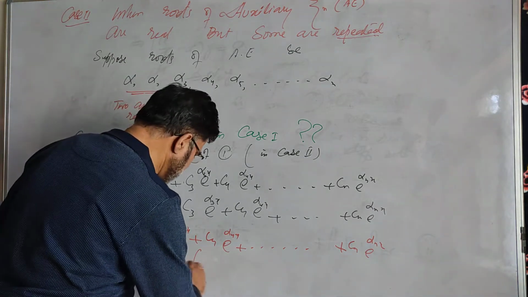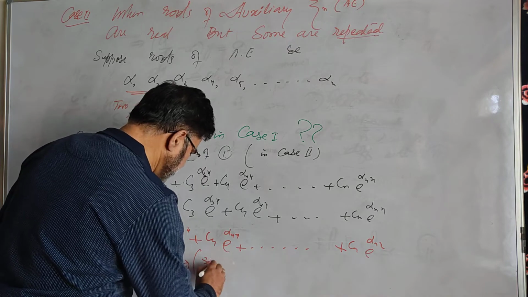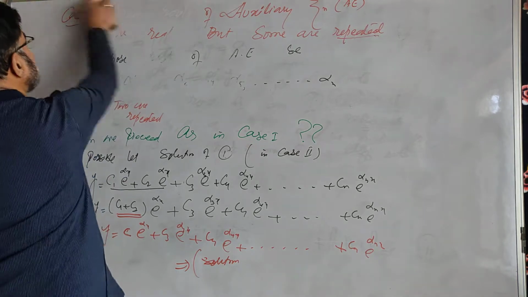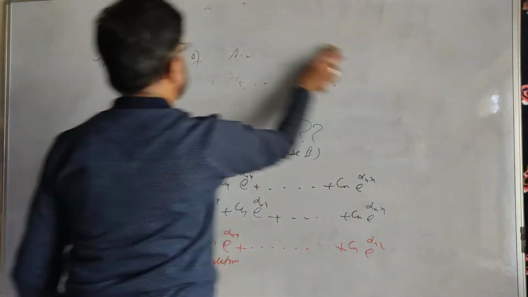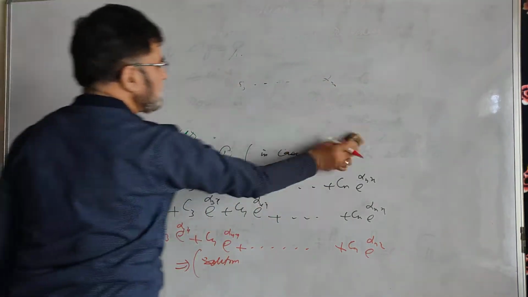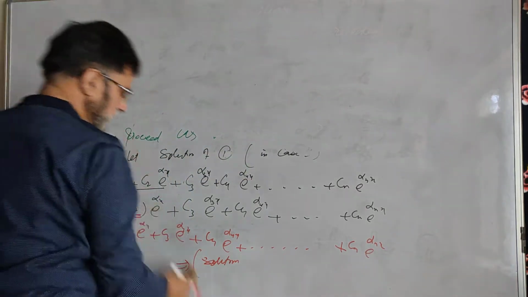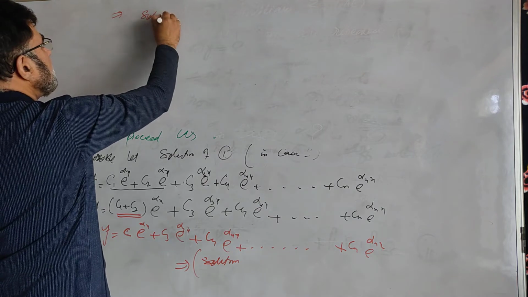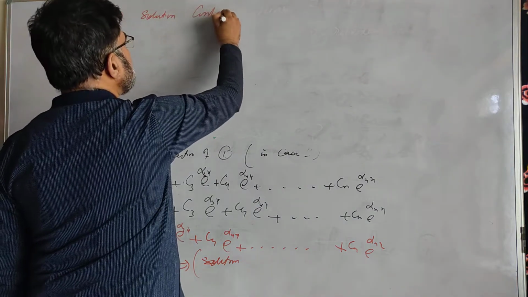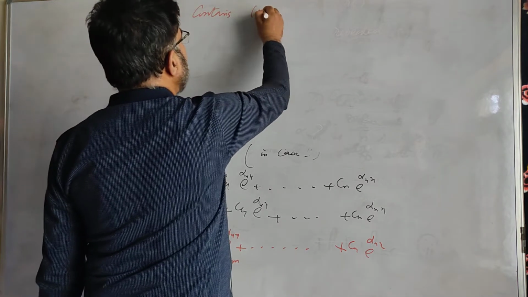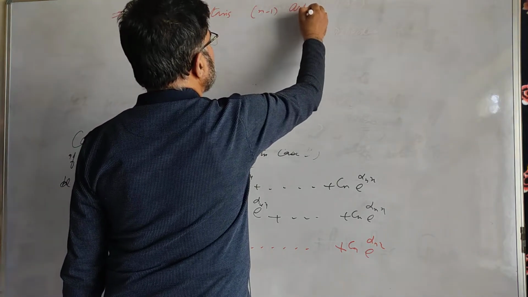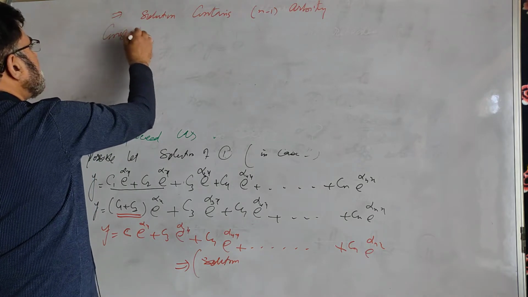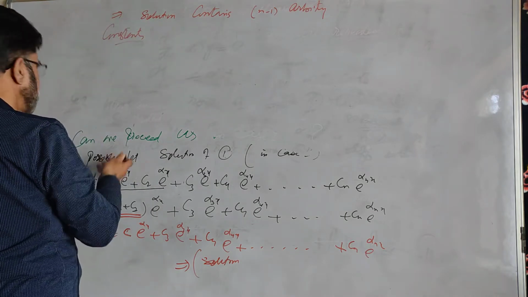So this implies the solution contains n minus 1 arbitrary constants, which is a contradiction.